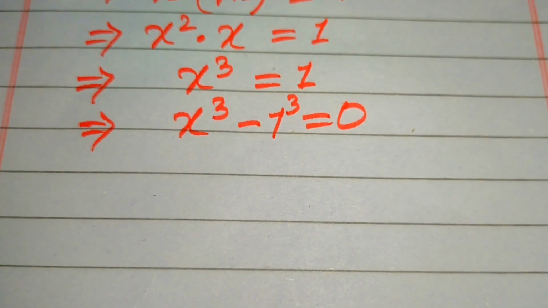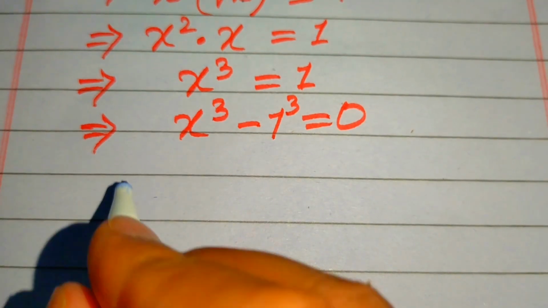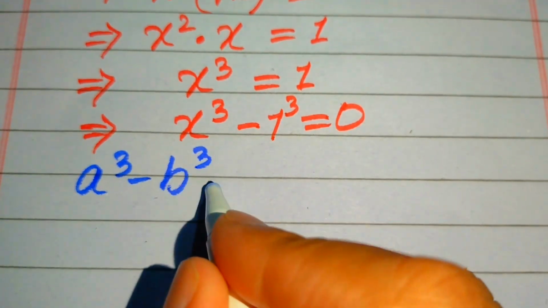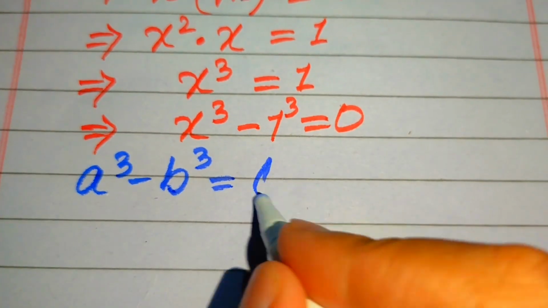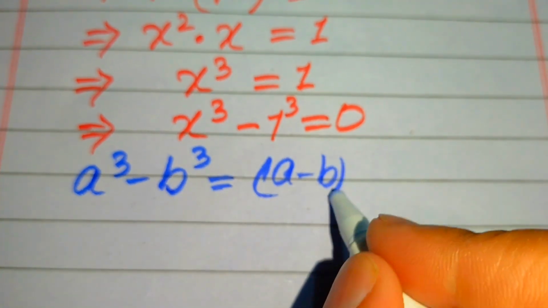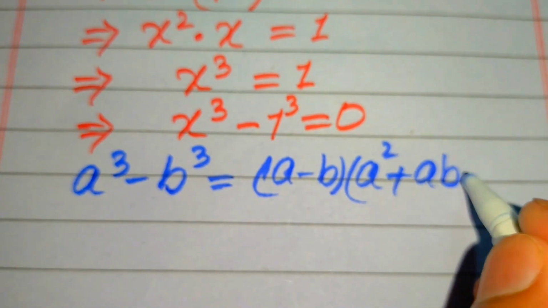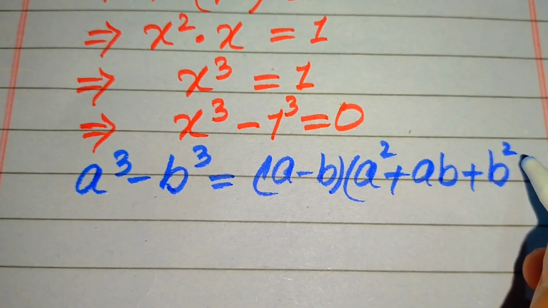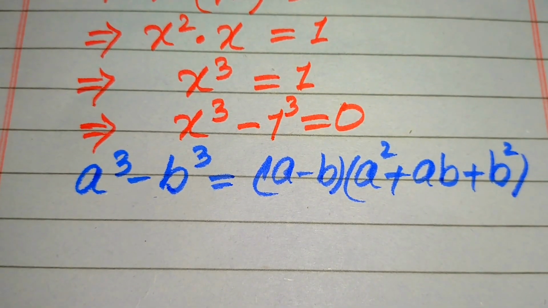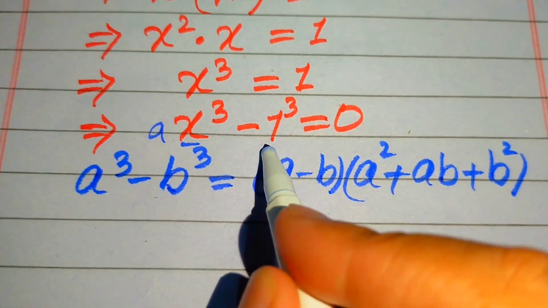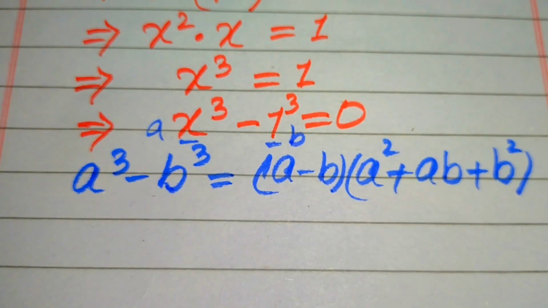Here we use the nice algebraic formula you know about: a cubed minus b cubed is equal to a minus b times a squared plus ab plus b squared. According to this formula, the base of this term is our a and the base of this term is our b.